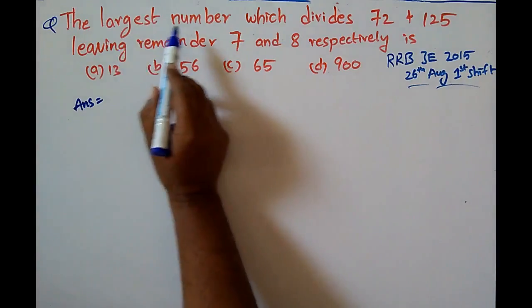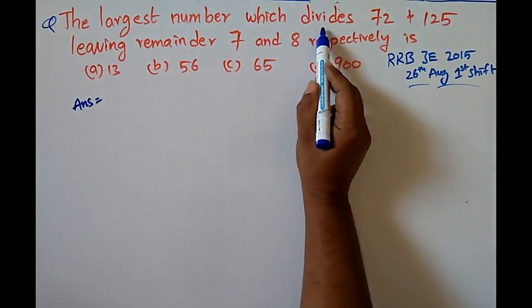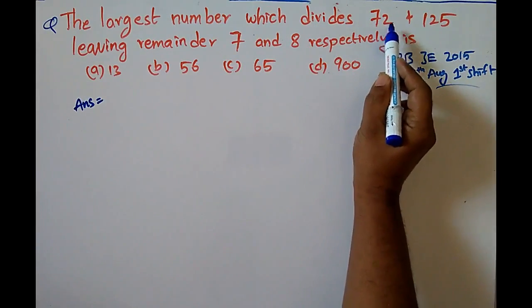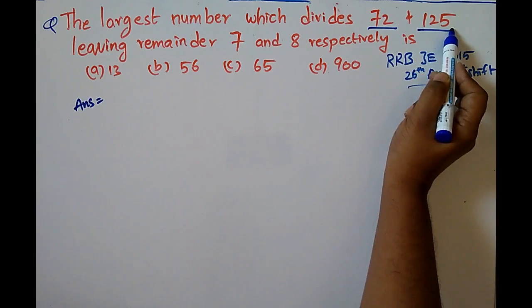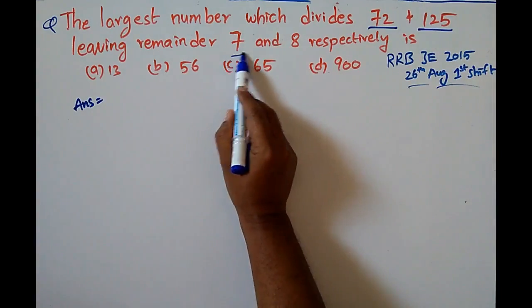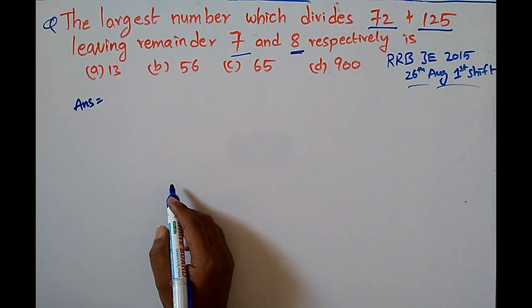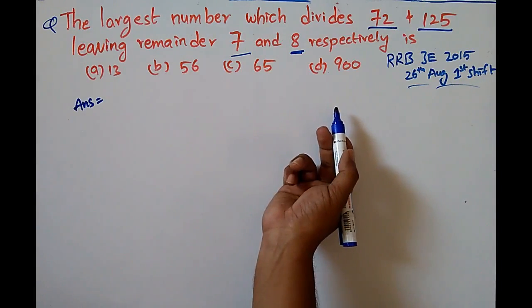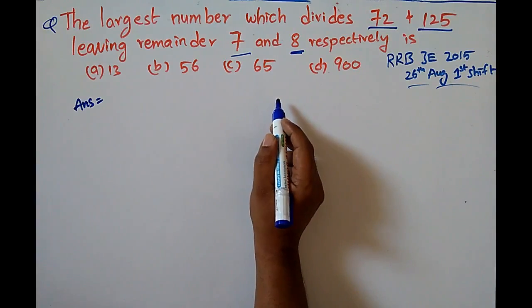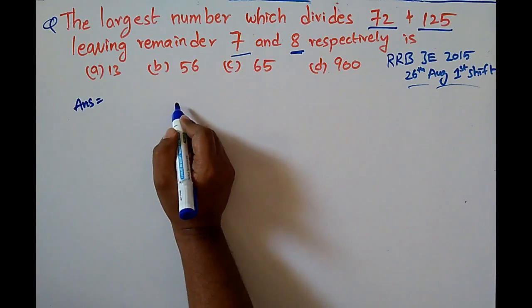The largest number which divides 72 and 125, leaving remainder 7 and 8 respectively. Friends, we can use the substitution formula, but we will see a method here.